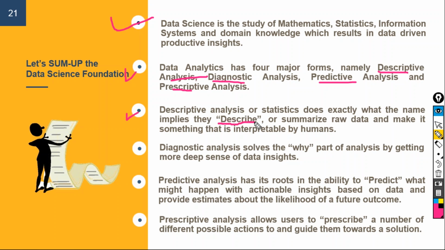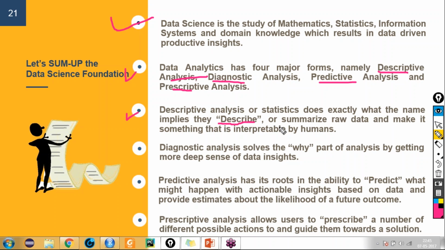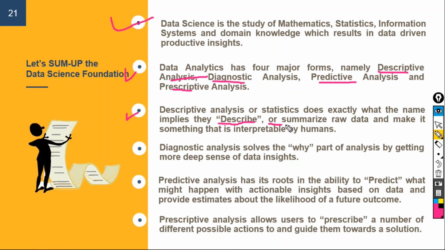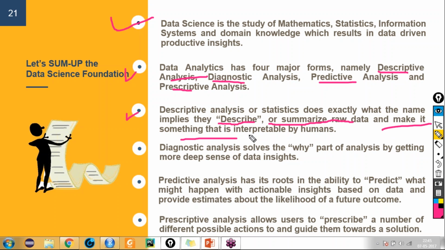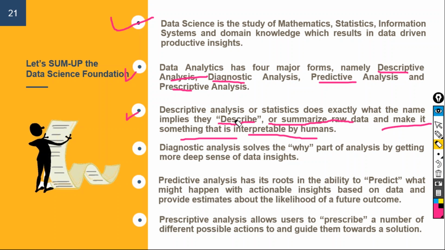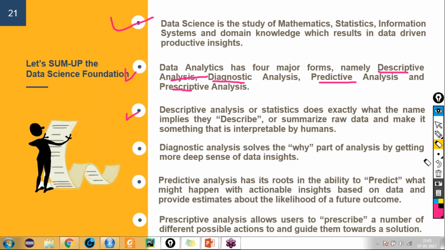So it describes the previous data, the history, or we can say summarizes the raw data and makes it something that is interpretable by human means, right? So this is one of the ways, or we can also say that it solves our problem of what has been done in the history by using the raw data, okay?